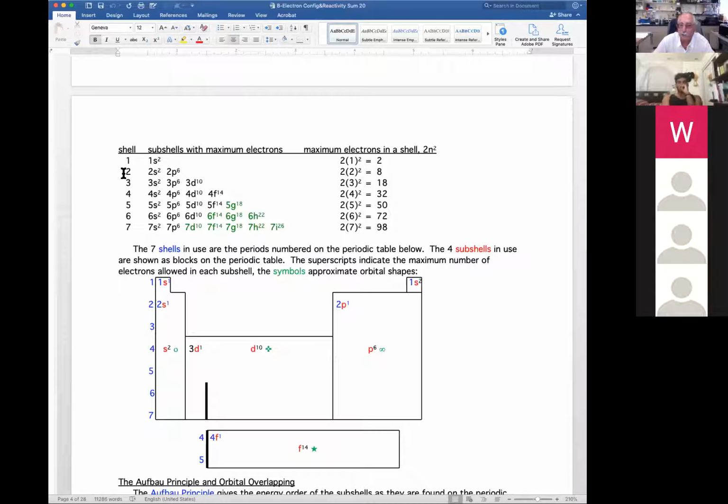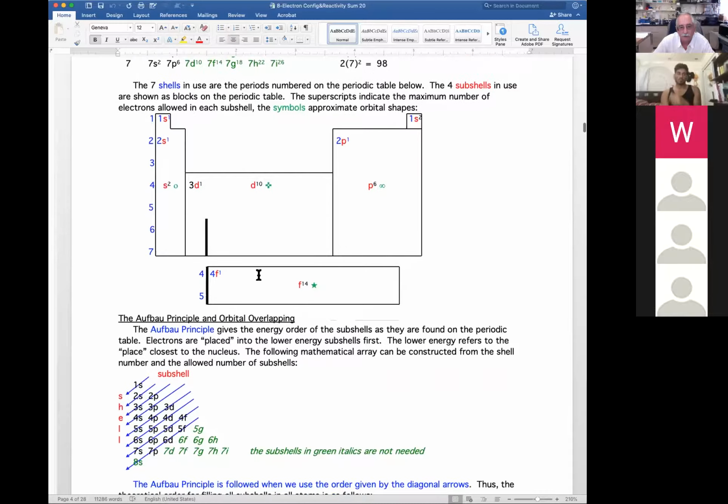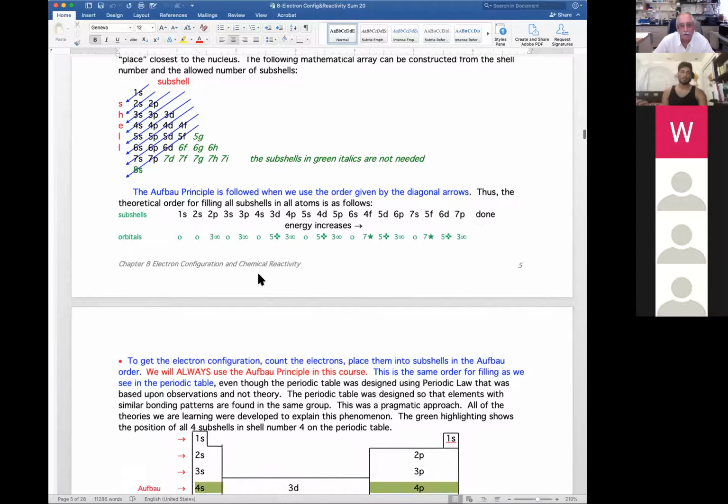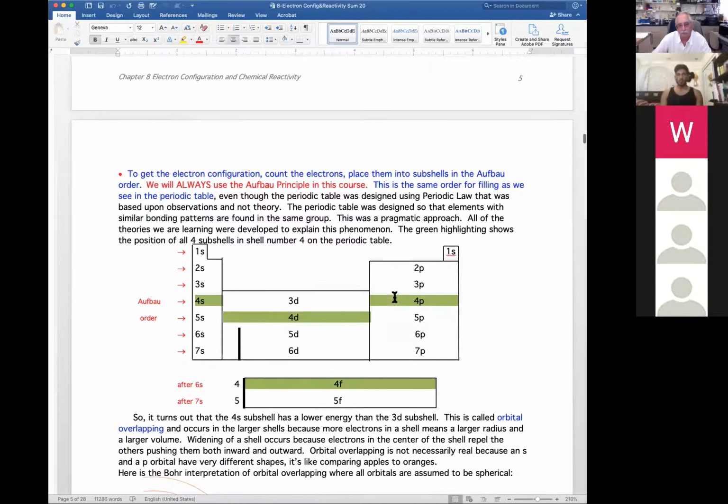And that's so much that it starts to split into subshells. So an S and a P. Like shell number 4, it can be split into 4 different subshells. So you just got a lot of electrons in there. So here is shell number 4 showing you the location of it.